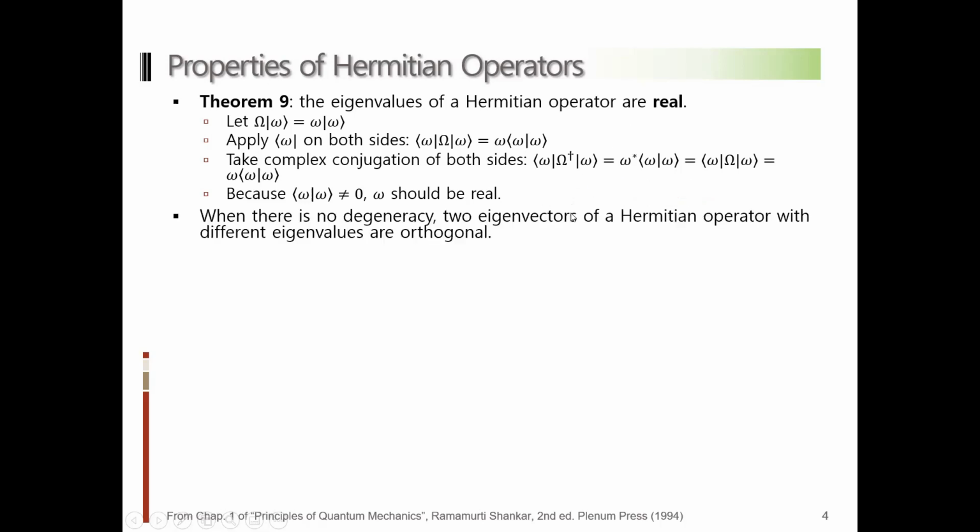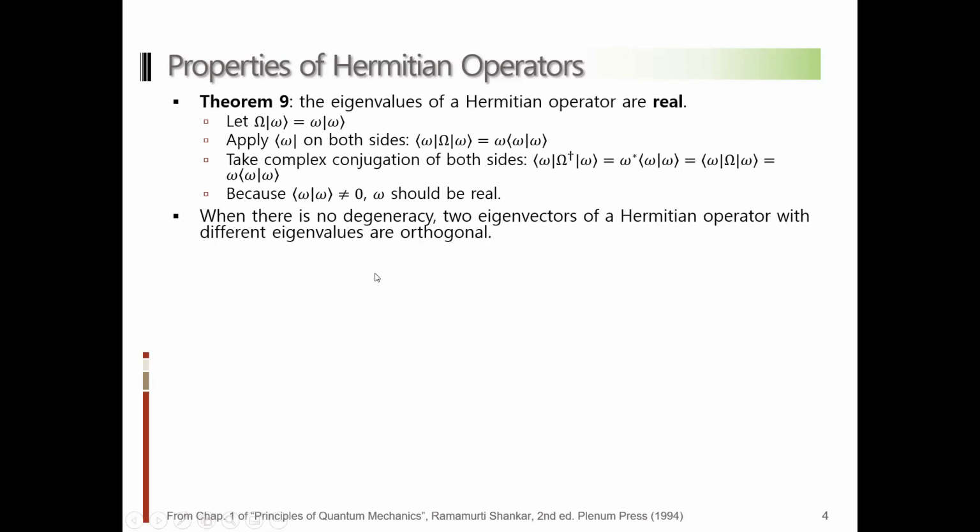Another interesting property based on this fact is that if there is no degeneracy, meaning that all the eigenvalues are different, then whenever eigenvalues are different, we can claim that the eigenvectors corresponding to those different eigenvalues are always orthogonal to each other.